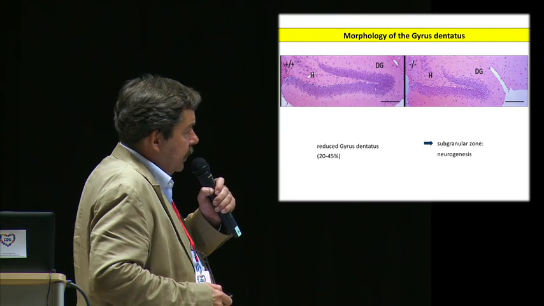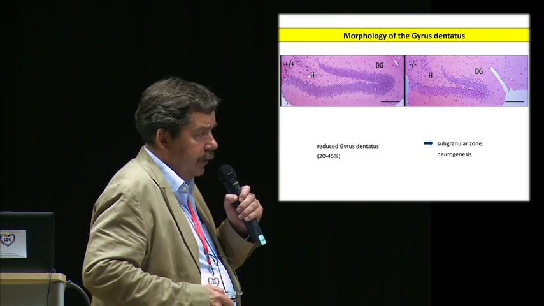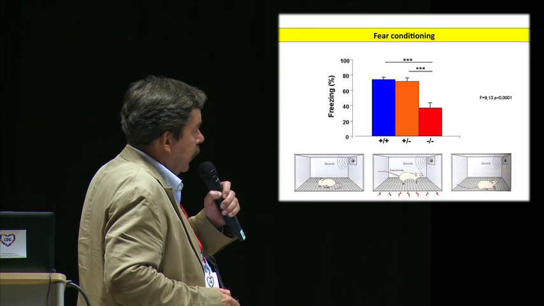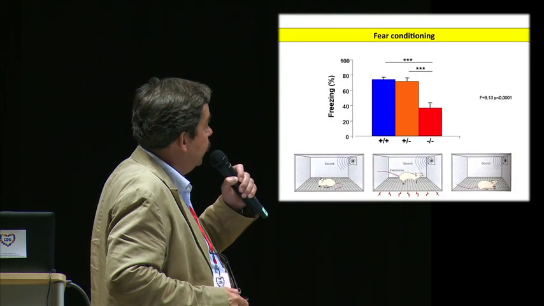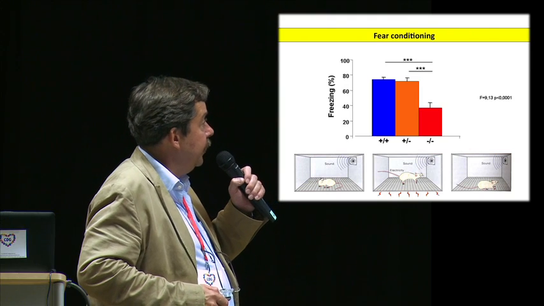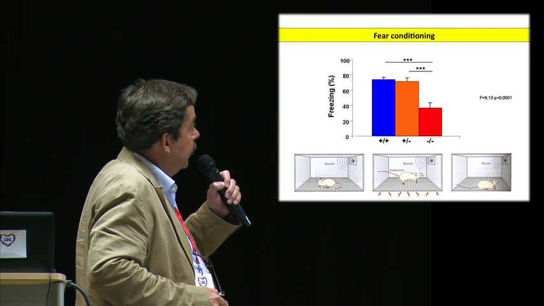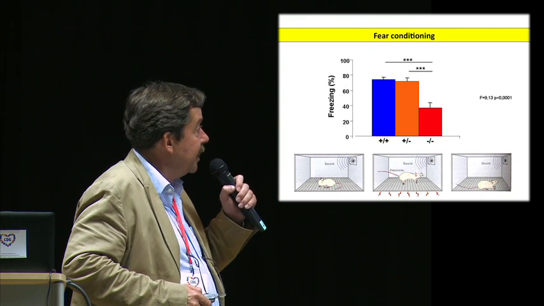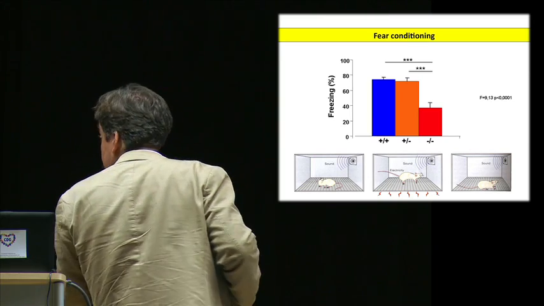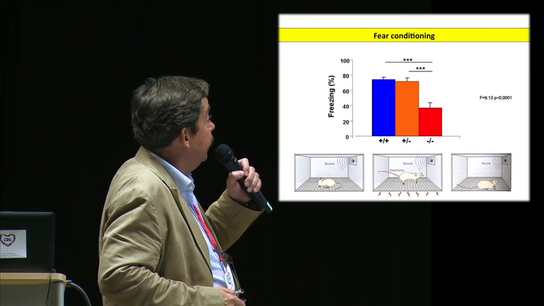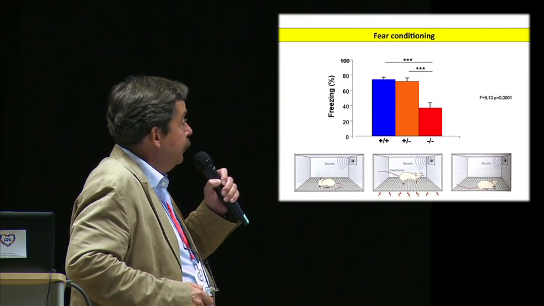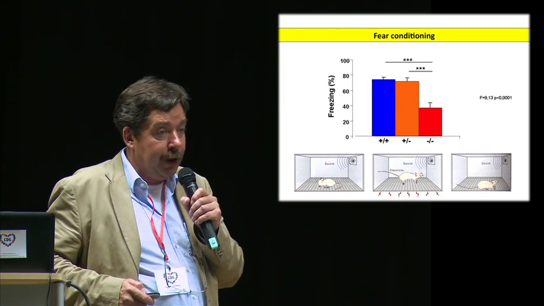And this is an area which affects adult neurogenesis. And in behavior studies, we found severe changes in fear conditioning of these mice.